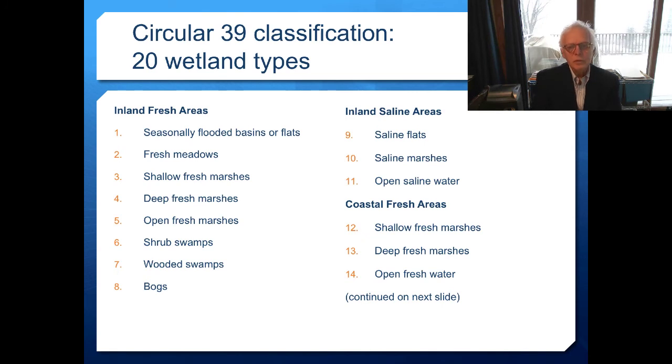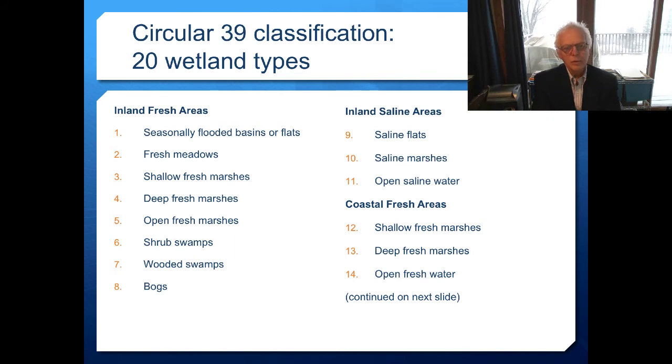But just to give you a sense of what this looks like and what the classifications of the wetland types were within Circular 39, they consisted of 8 different types of inland fresh areas, and these are really similar to those things that we talked about in the earlier part of the session.